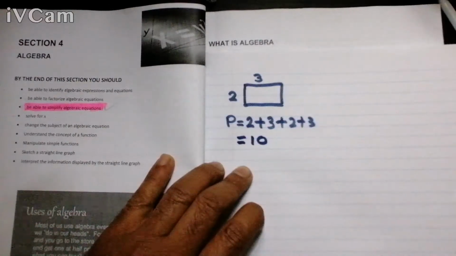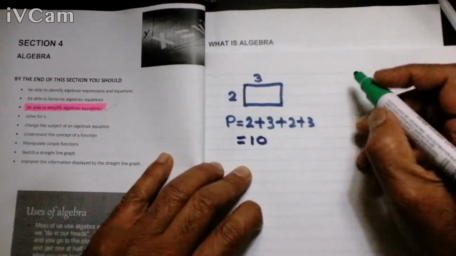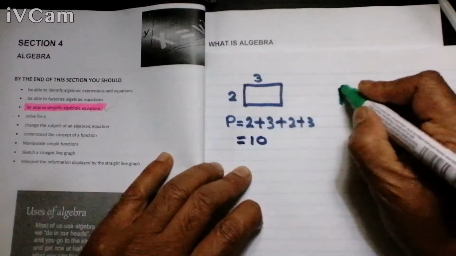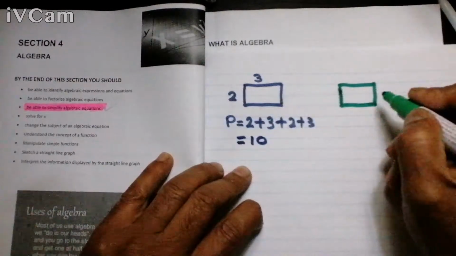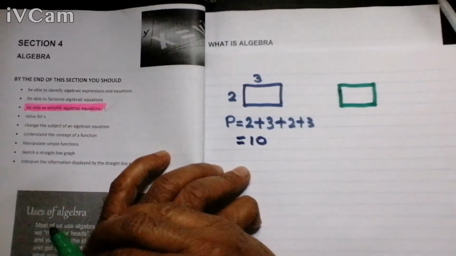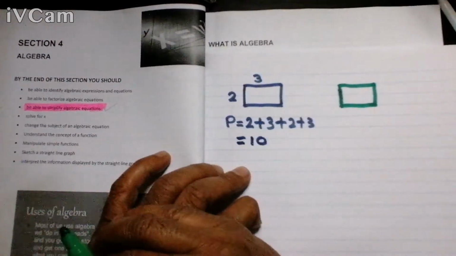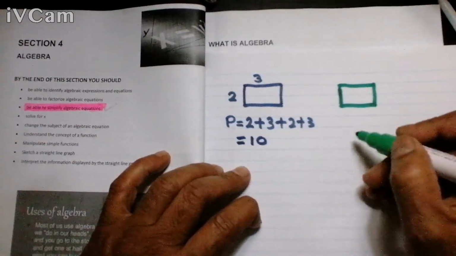Now, along similar lines, you would have drawn a rectangle as well. I don't know what the length is, and because we are all in different places now, our lengths would all be different, and the lengths of your friends would be different, and the breadth also would be different.